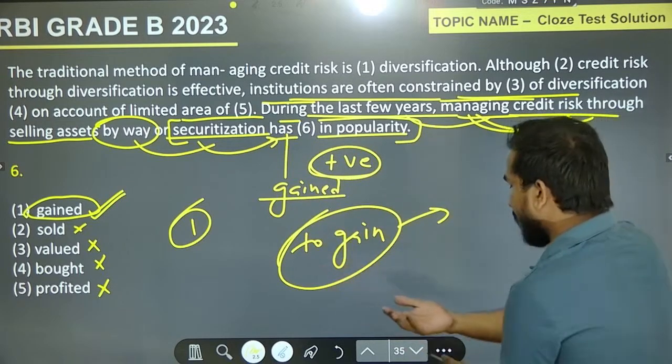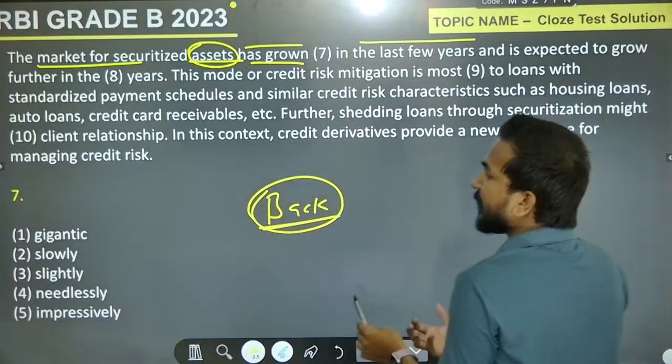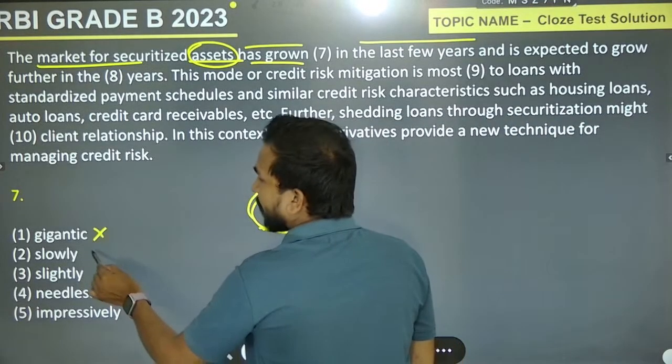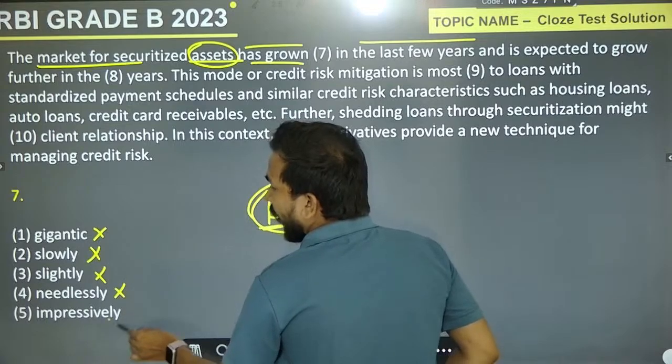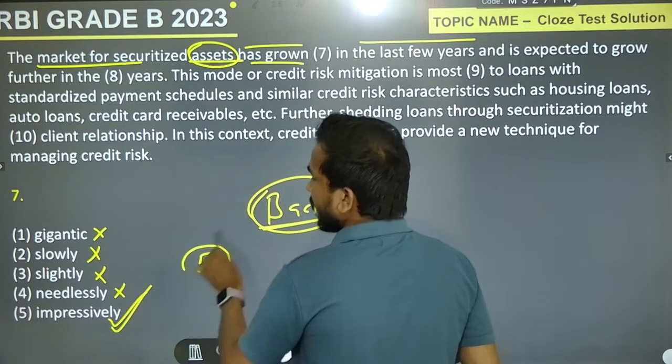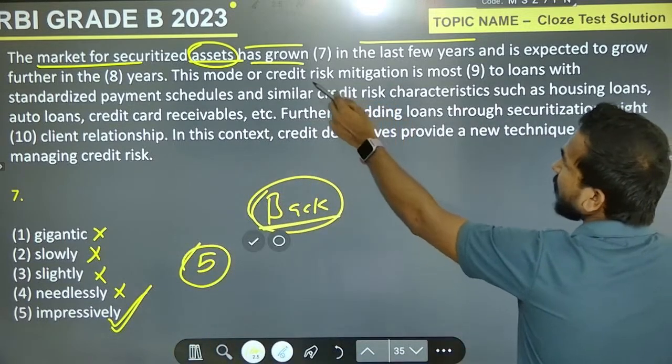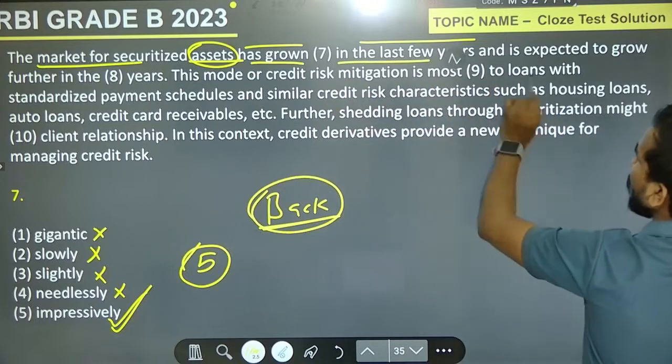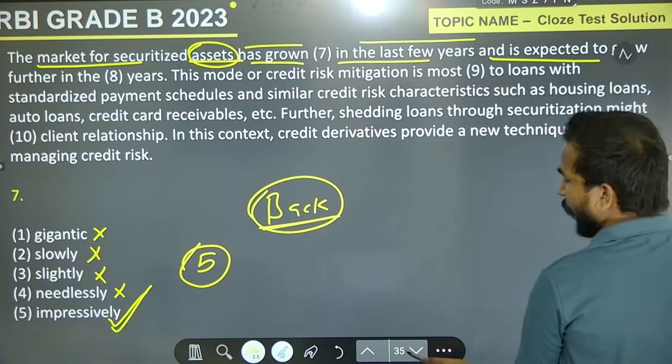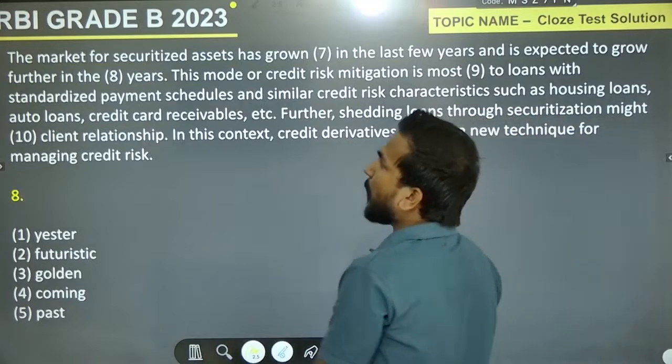If something has gained, definitely it will be impressive to people. So it must be 5, impressively. The market has grown impressively in the last few years and is expected to grow further in the blank years.